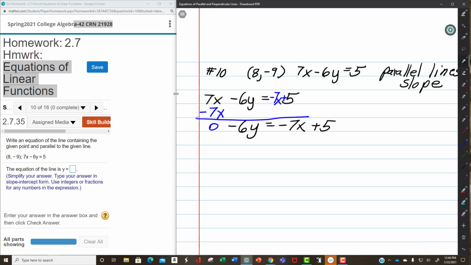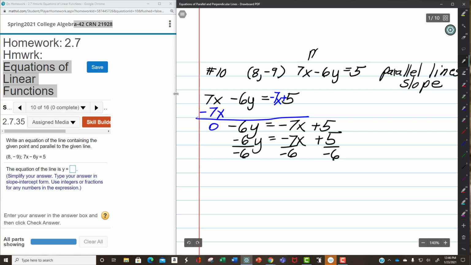Now 0 minus 6y is negative 6y. And to solve for y, I divide through by negative 6. So the slope of the given line is negative 7 over negative 6. The negative signs cancel, so positive 7/6.